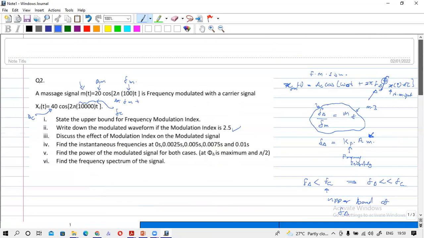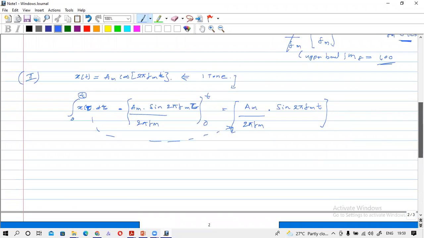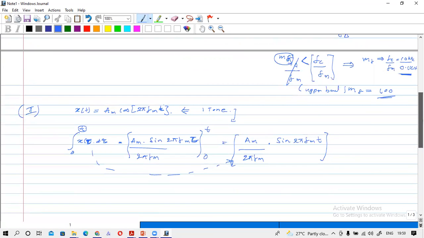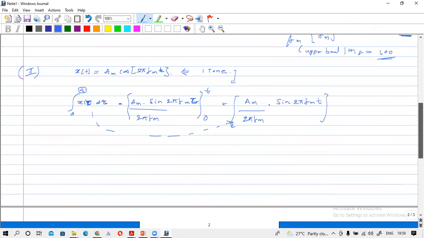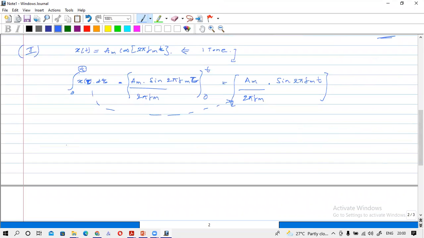Okay, so if I write this with our modulated signal, FMT is equal to AC cos 25 FCT plus 25 F delta.